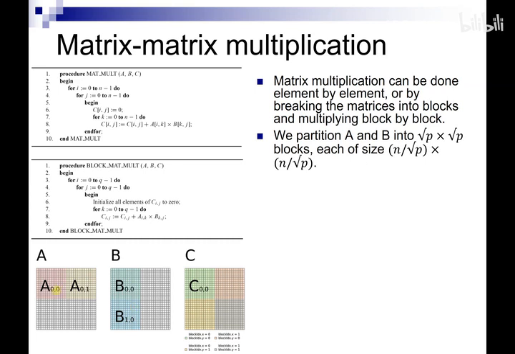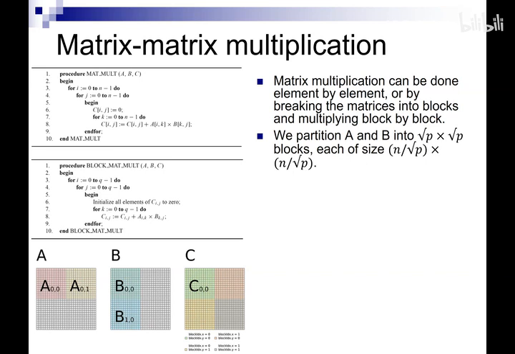You take all the elements in this block of A multiplied by all the elements in this block of B, and then add that to A01, this block, times B10. That gets you a block of the outputs of C. And you can do this with any size square blocks.